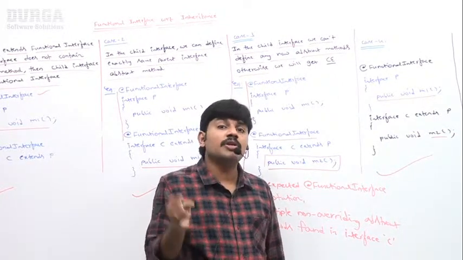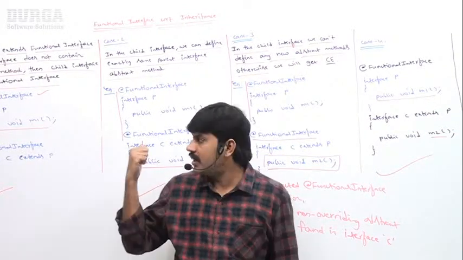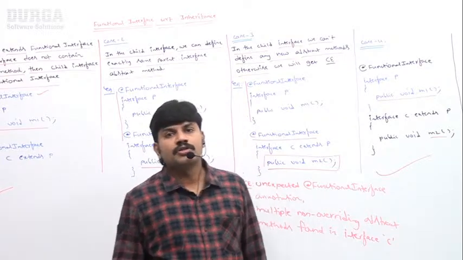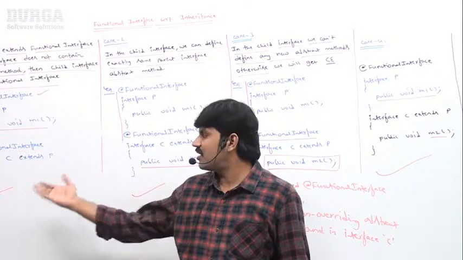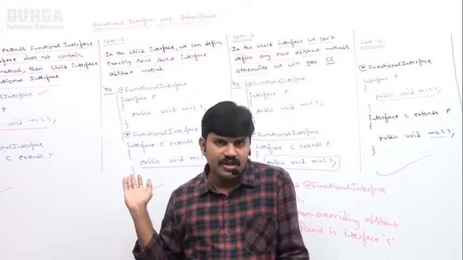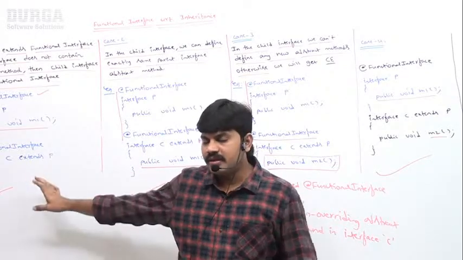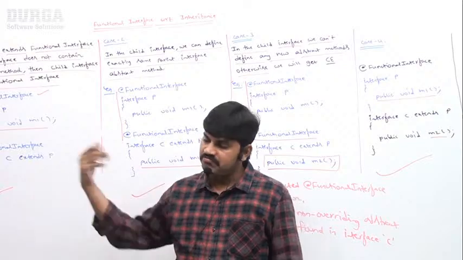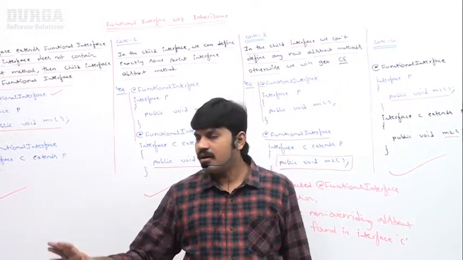With respect to inheritance, how is the @FunctionalInterface annotation going to work? Very simple, just a normal core Java rule. Normal inheritance or overriding rule only; beyond that, there is nothing. If the child doesn't contain any new abstract method, automatically the child is a functional interface.